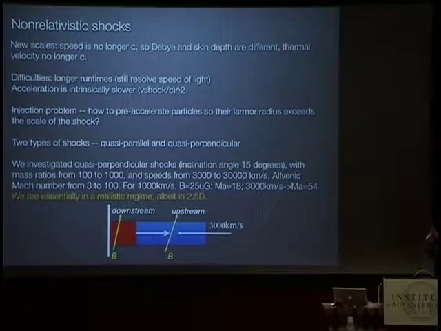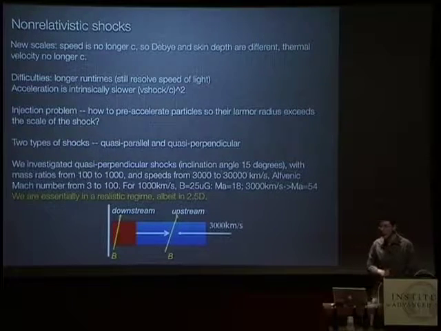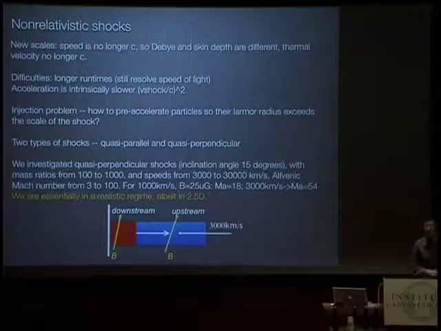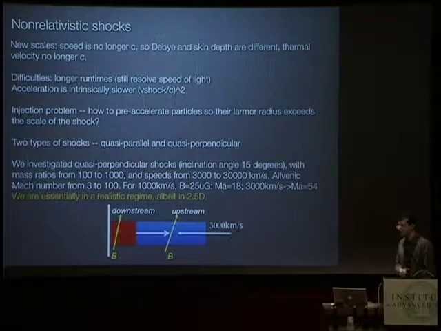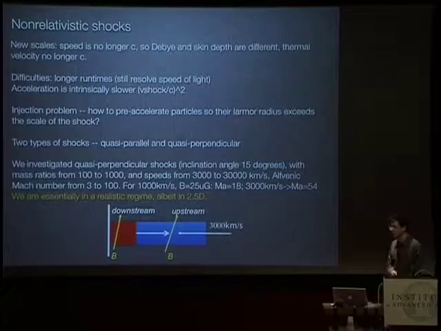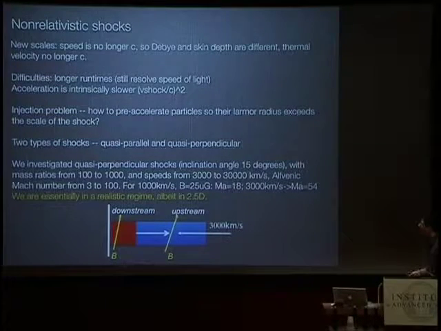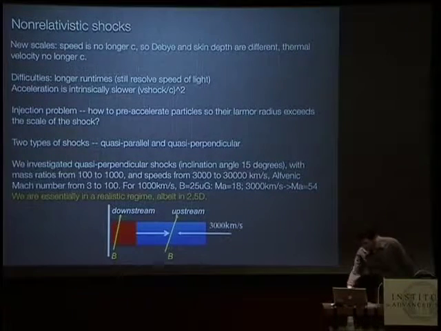And the difficulty here is that, if you want to simulate something moving at 3,000 kilometers per second, that's 1% of the speed of light. Your code has to resolve the speed of light because this is a fully electromagnetic code. So you're wasting a lot of time steps trying to simulate something very, very slow. Yet, if you have a large enough computer, you can do it.